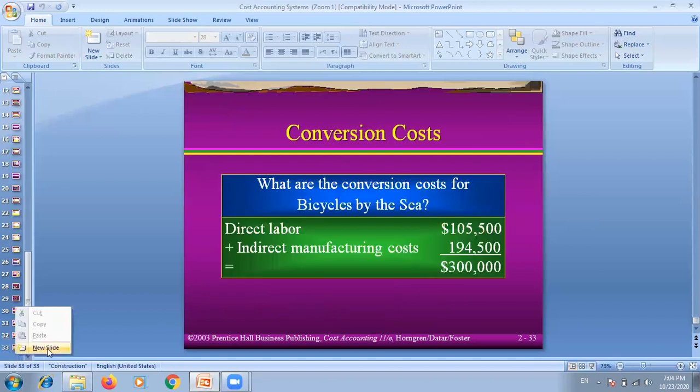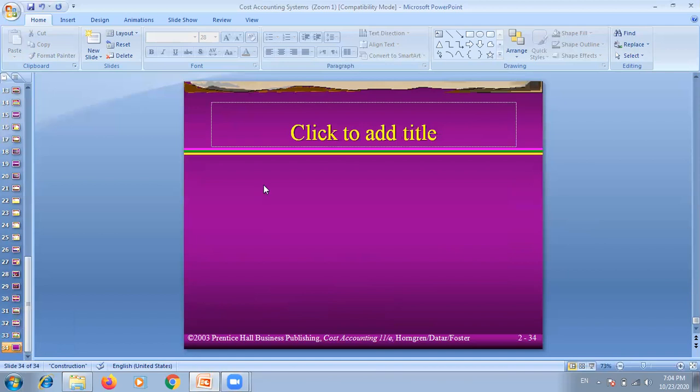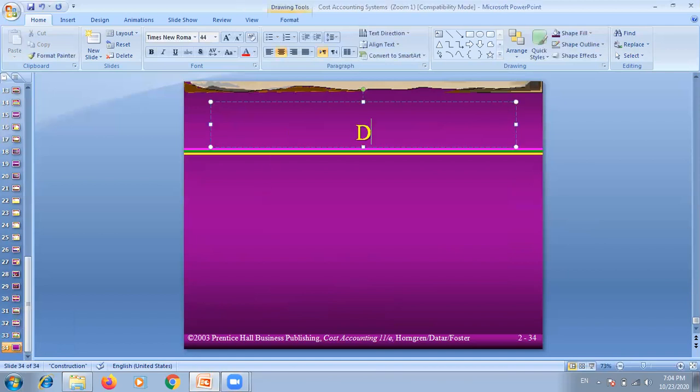So if I have the three kinds, I will show you now. I will add a new slide. Suppose here that I have direct material plus direct labor plus indirect manufacturing costs.